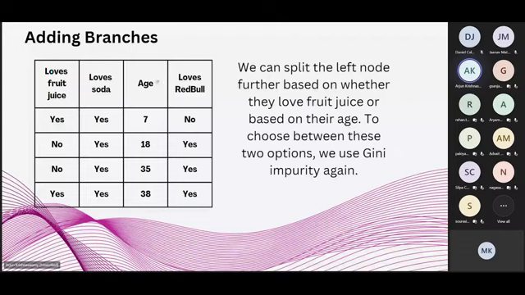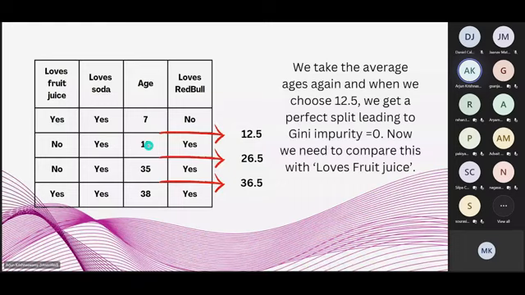Again, we perform the same old calculation of finding the Gini impurity values. We can do that for loves fruit juice and for the age. And we find the average ages: 12.5, 26.5, 36.5. Here, if you observe closely, if you use 12.5 as our criteria to classify, all the people aged less than 12.5 belong here, and they don't like Red Bull.